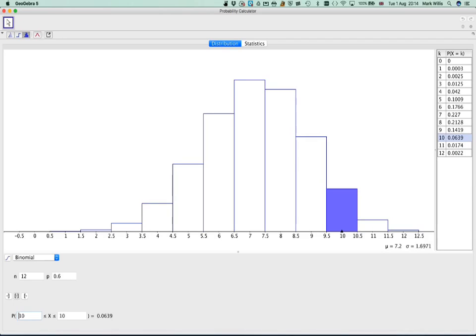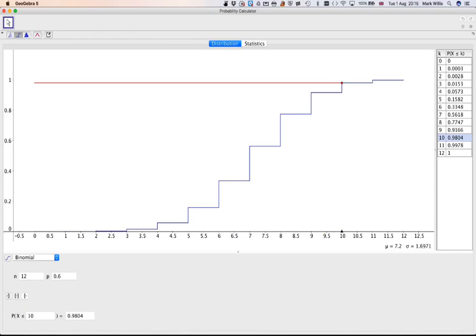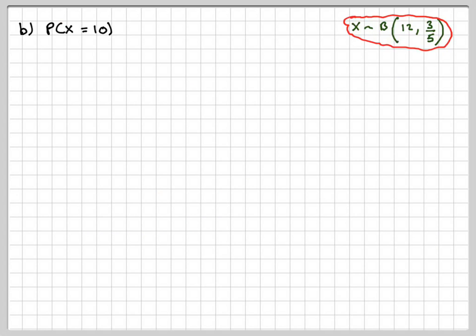Okay, how do we do it with the cumulative distribution function? It's a little bit more difficult. What we need to do is take less than or equal to 10, and take away less than or equal to 9.